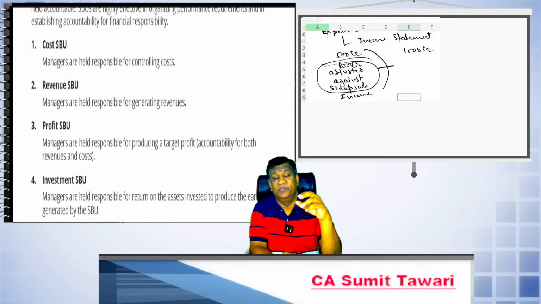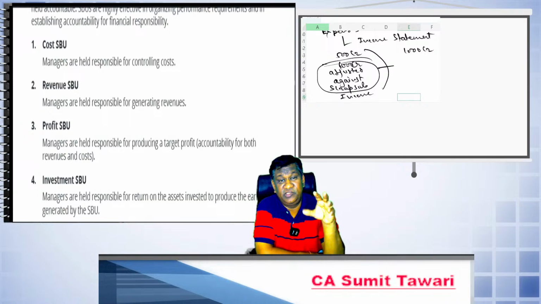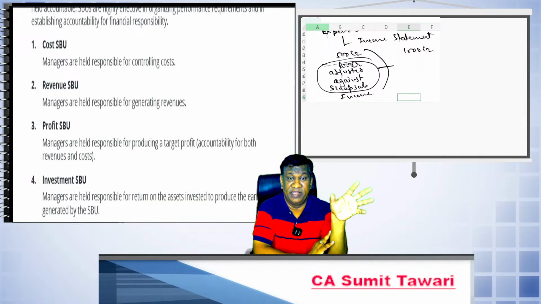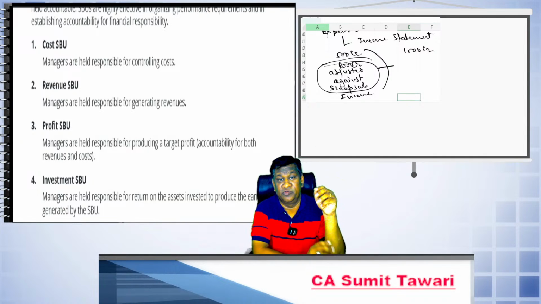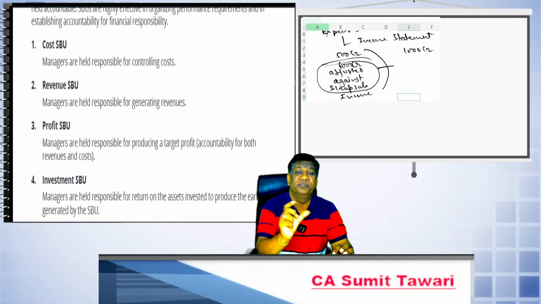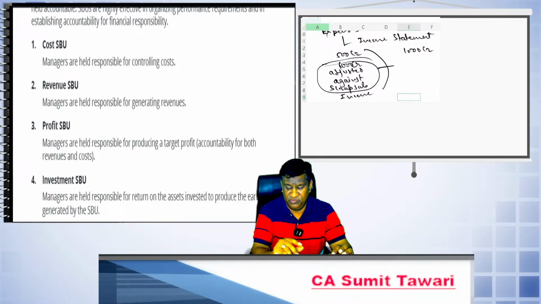The objective of the organization is to generate net worth, and they give responsibilities to managers in separate ways, because if someone wants to only reduce the cost, he may compromise on the revenue. Are you okay with me?